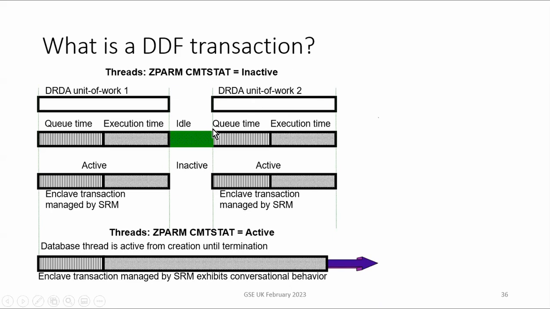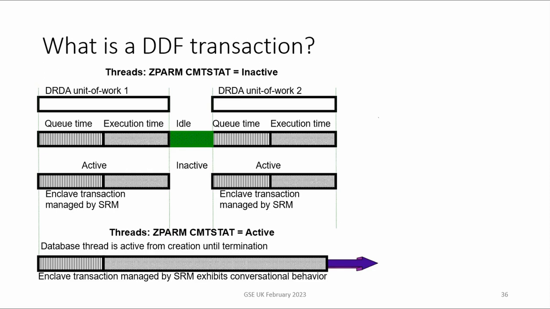For these we can use response time goals, either percentile response time or regular response time goals, or we can use velocity, especially if you have multiple periods. But for high performance DBATs, you pretty much have to use execution velocity. And there was a recent change, I didn't get the PTF on here, that changed how we handle high performance DBATs and their termination.